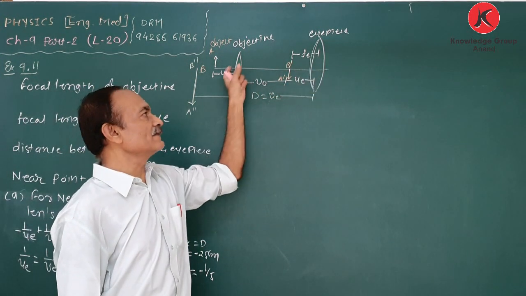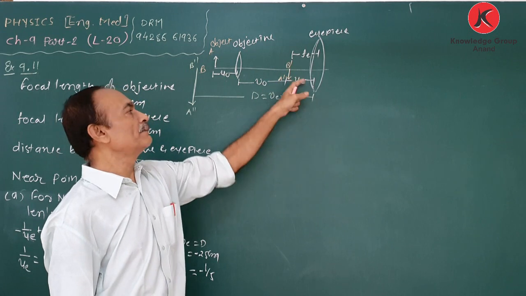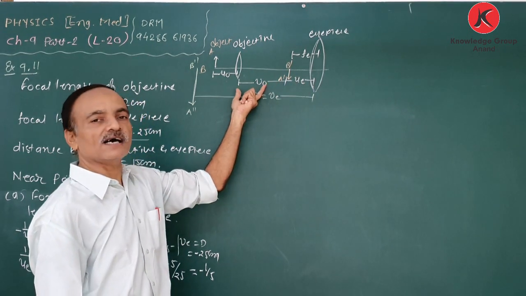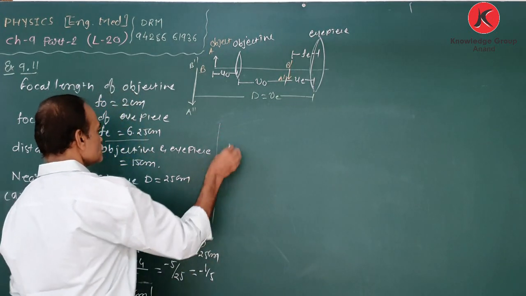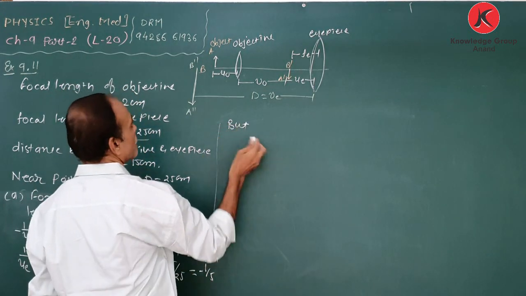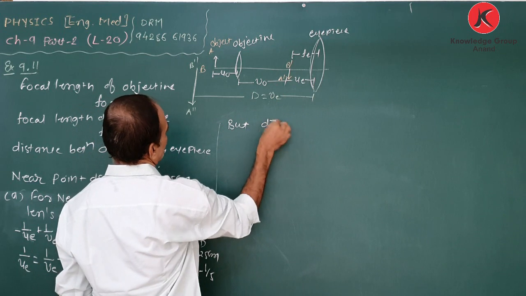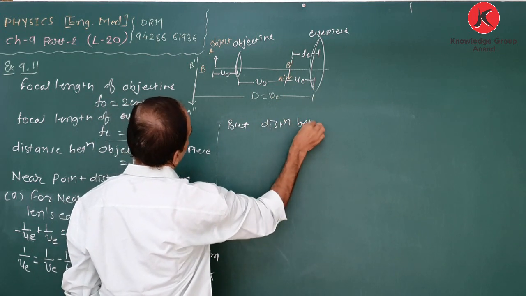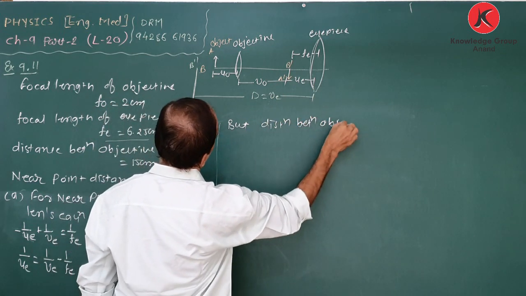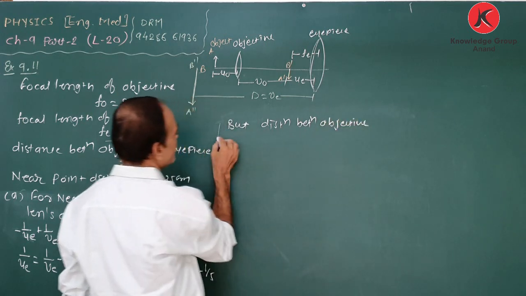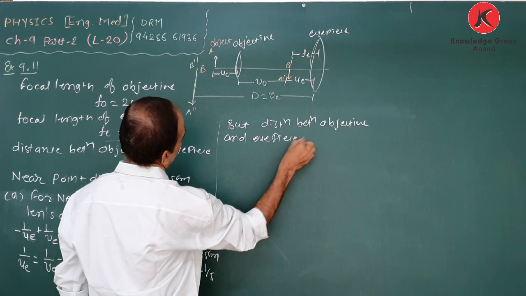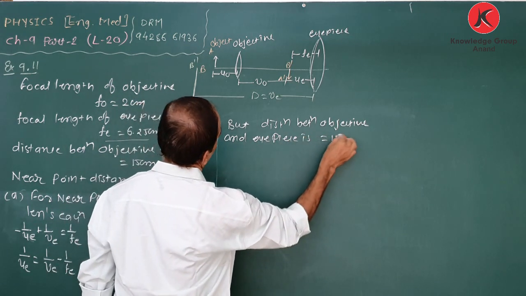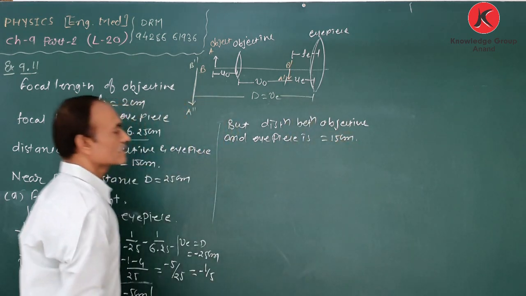Now, the distance between the two lenses is given as 15. 15 minus UE gives the image distance for the objective. The distance between the objective and eyepiece is equal to 15 centimeter.